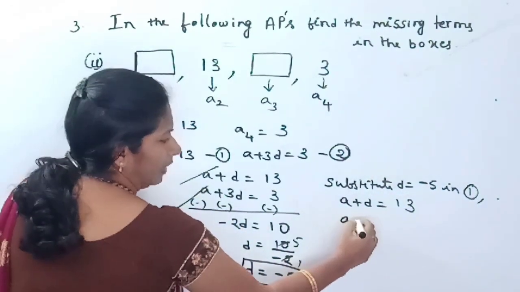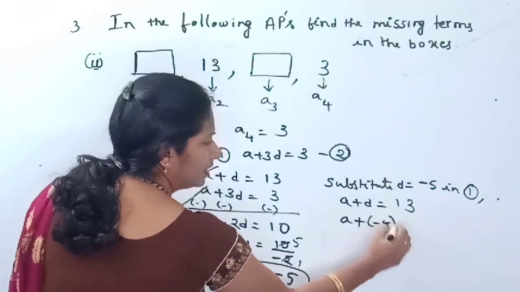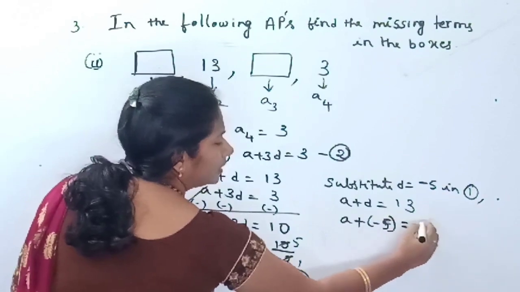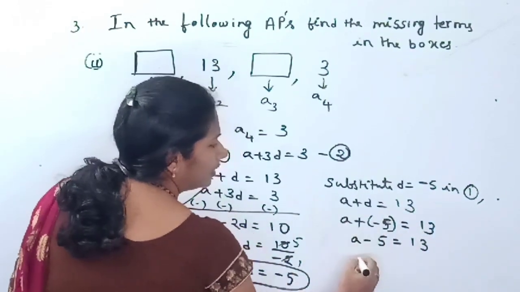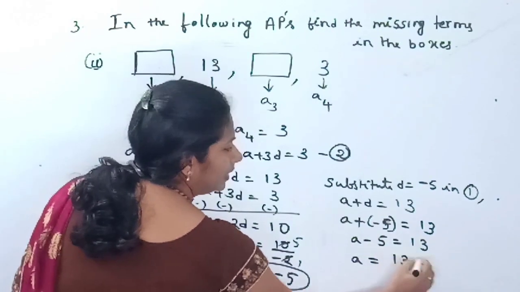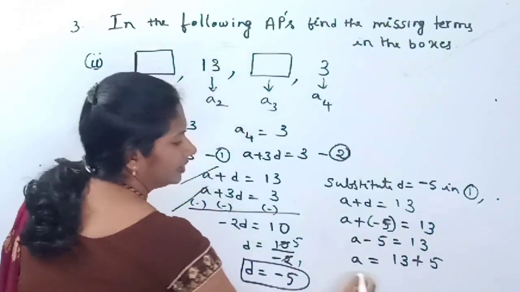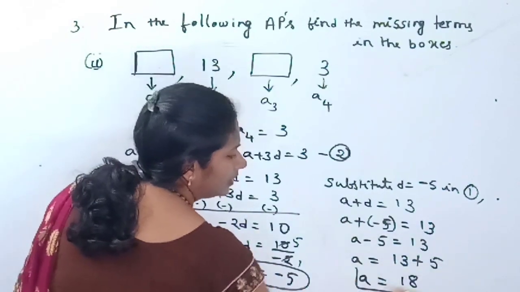Now we have to find out the A value. How much D value did you get, children? It is minus 5. Substitute. A minus 5 equal to 13. A value is 13. This minus 5 you transpose to the right hand side, it becomes plus 5. So the A value is 13 plus 5, it is 18.